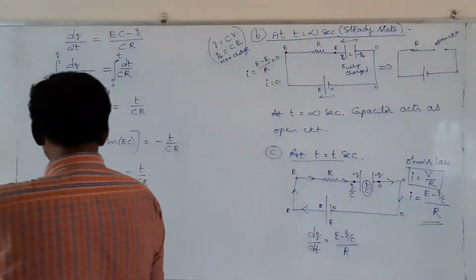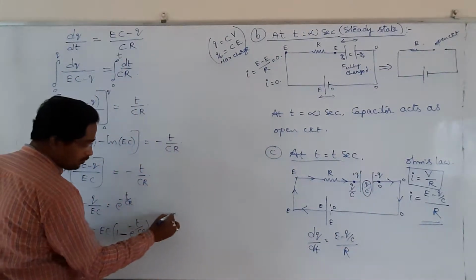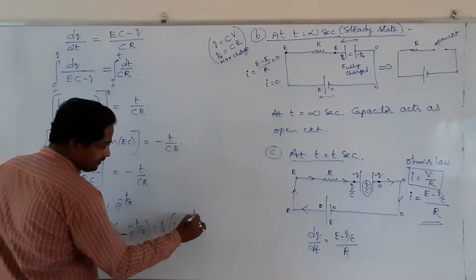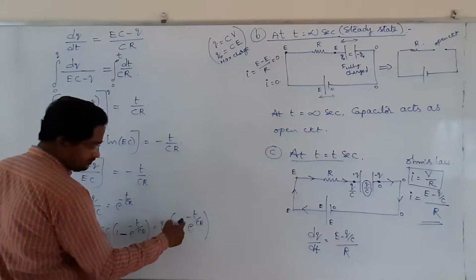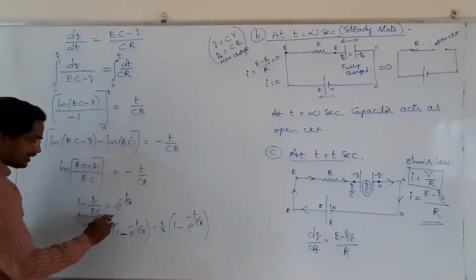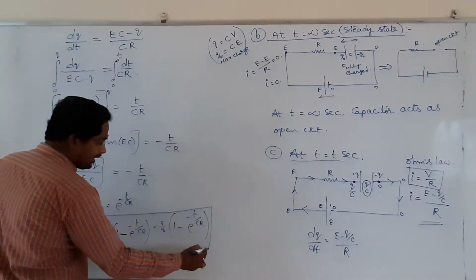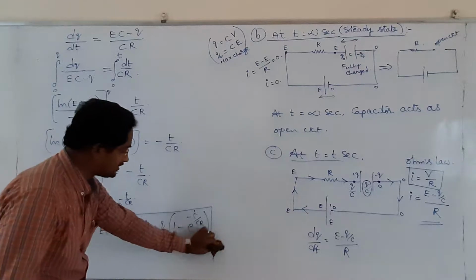By that, this EC we can write as Q naught, so Q equals Q naught into 1 minus e power minus t by CR. It is the charge stored in the capacitor at a time of t seconds.